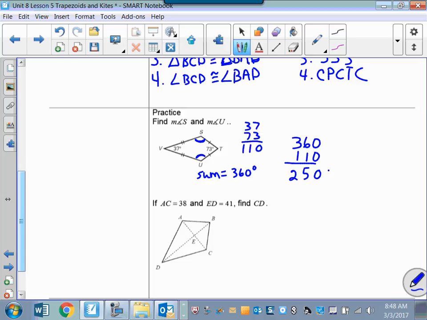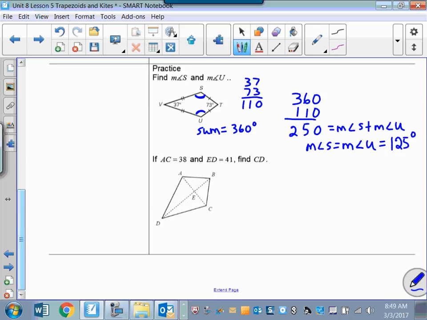So I know that 250 is the measure of angle S plus the measure of angle U, and I know that those two things are congruent to each other. So the measure of angle S equals the measure of angle U, which has to be 125 degrees.